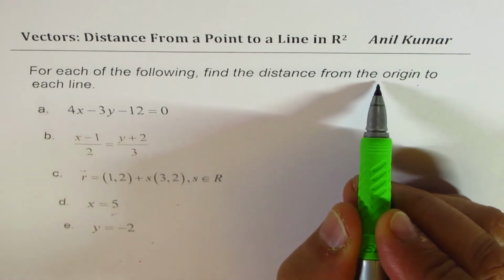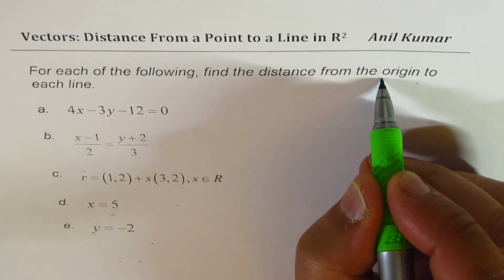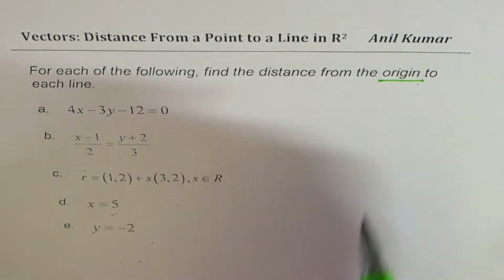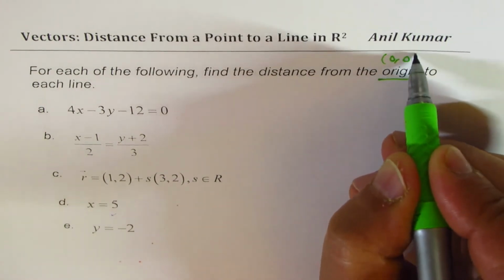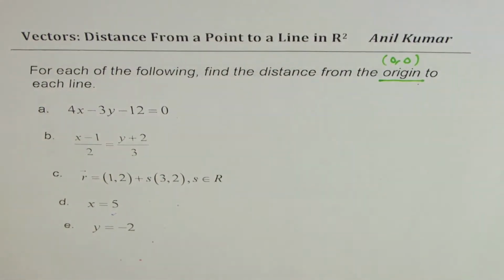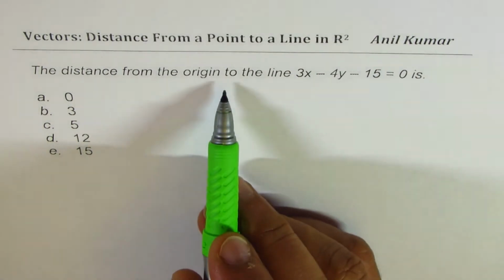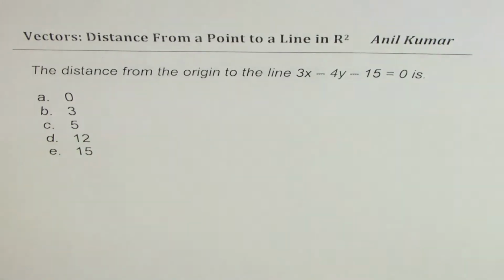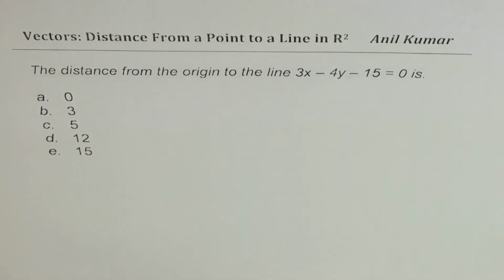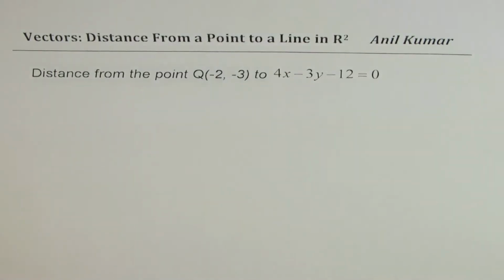We'll find the shortest distance from the origin, that means (0, 0), and then we'll end up with a multiple choice question saying the distance from the origin to this line is what? Now let us see how to solve the questions which we began with.